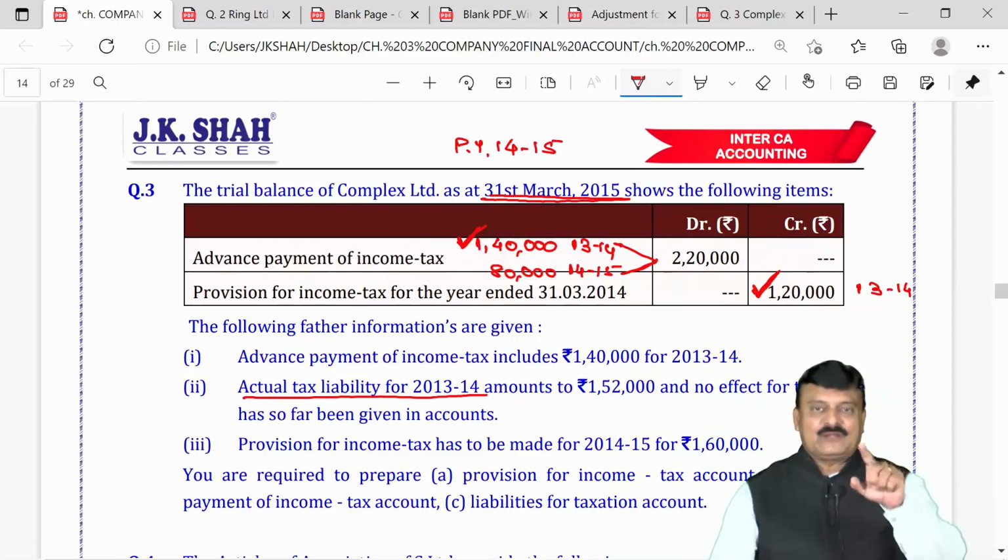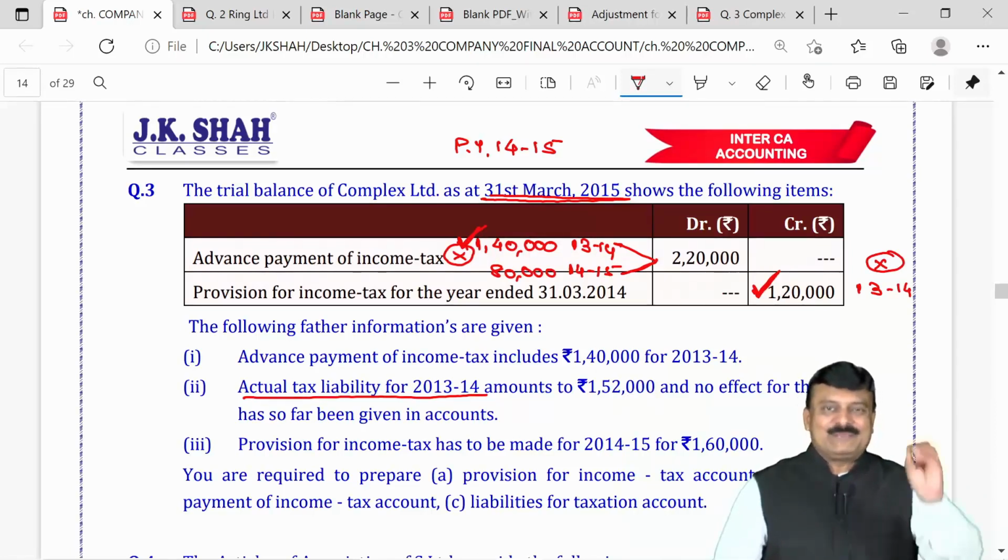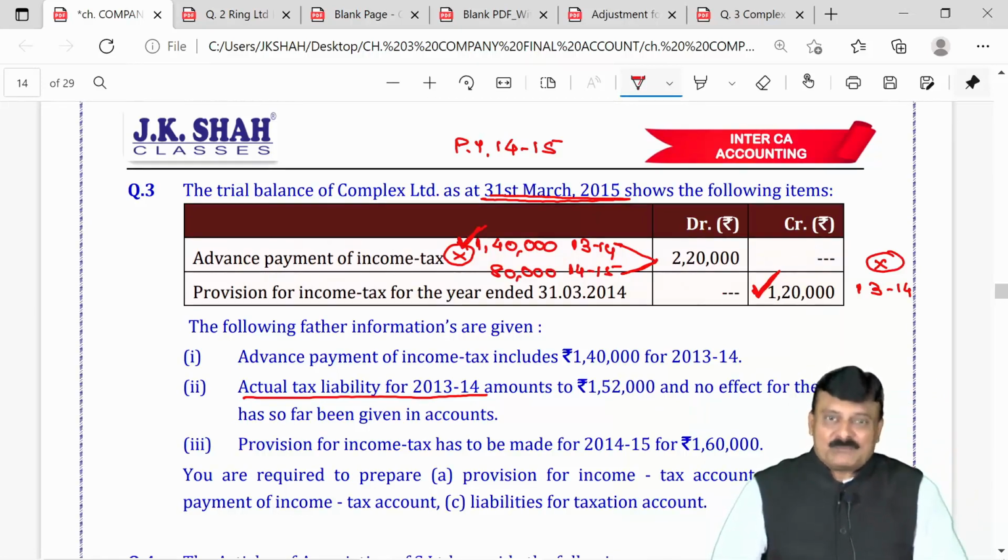So 13-14 items of trial balance should be ignored. Here it is. 1,20,000 provision for taxation will be ignored and 1,40,000 that will be ignored. Means there will not be any journal entries for that. They will simply appear as opening balance. They will not have any direct impact on your balance sheet or P&L.